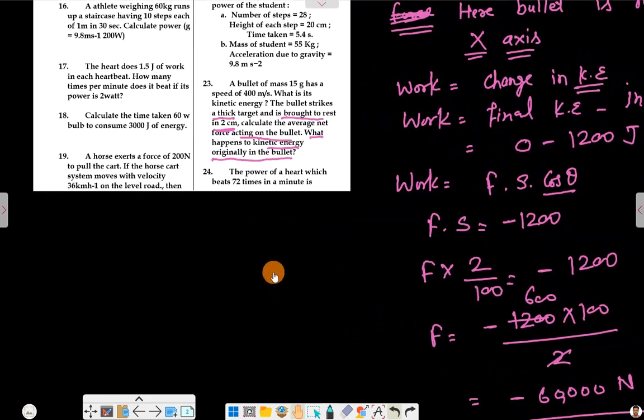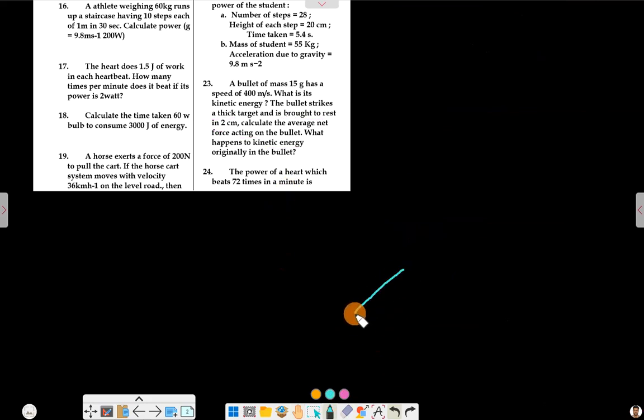We have to calculate the power of heart, which beats 72 times in a minute. So let me clear the screen.